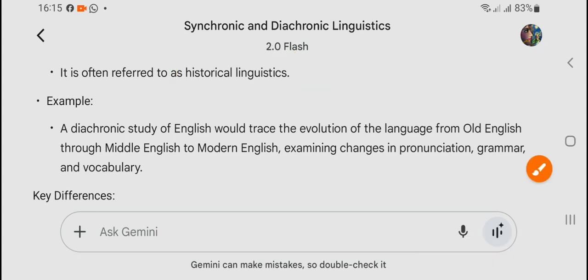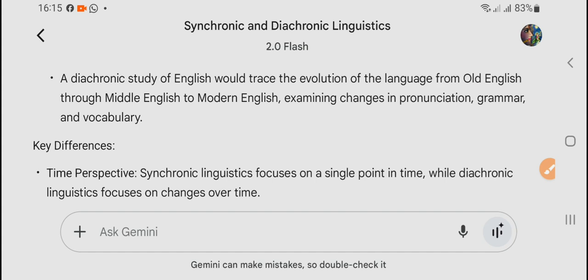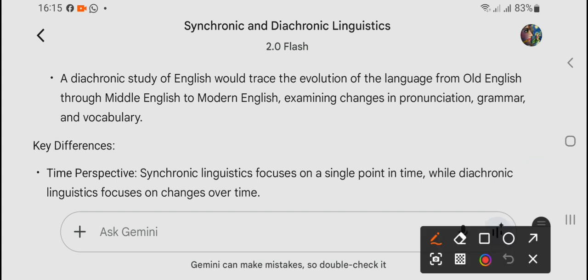So when you do a deep study of all types of Englishes, this approach is called diachronic.